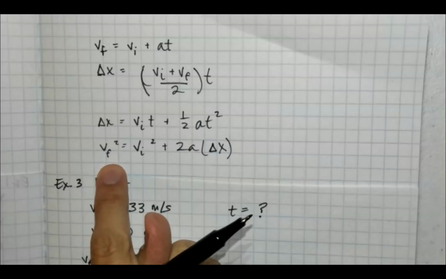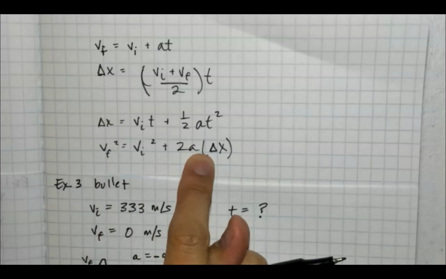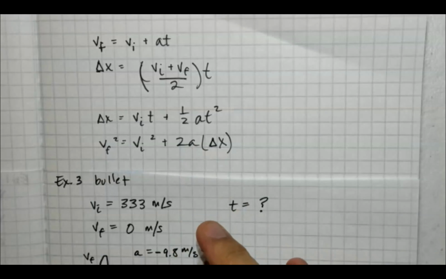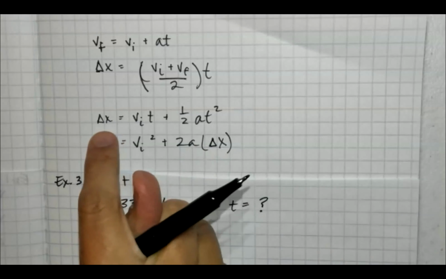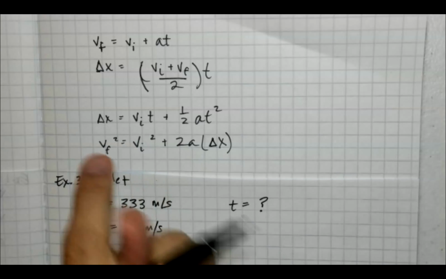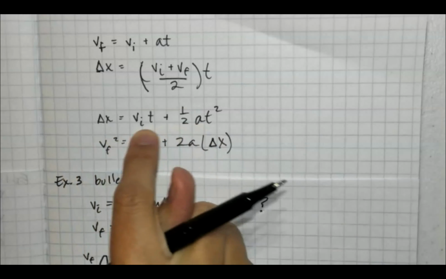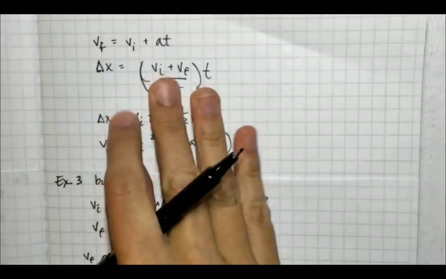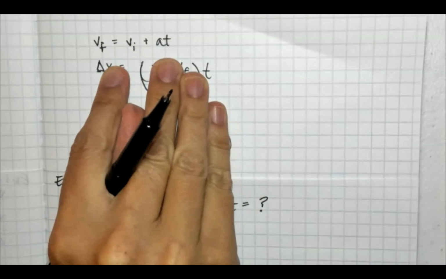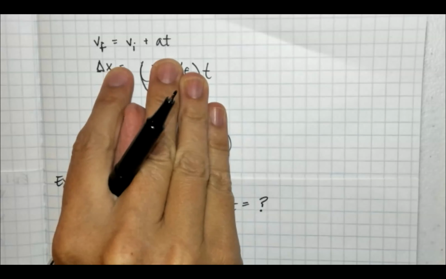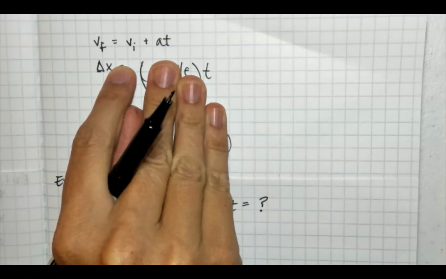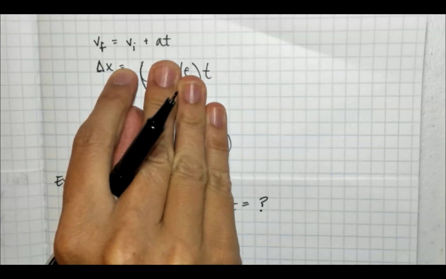We're not going to be using this equation because it doesn't have time in it. So I need an equation that has time. Now, this one would be fine, except we don't know distance. So I'm going to keep moving up. And the very first equation, which is based on our average acceleration equation, is V final equals V initial plus AT.